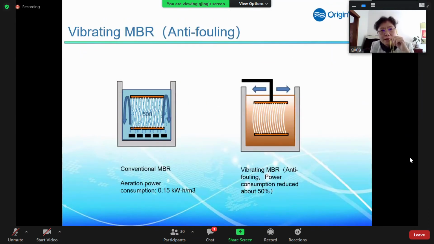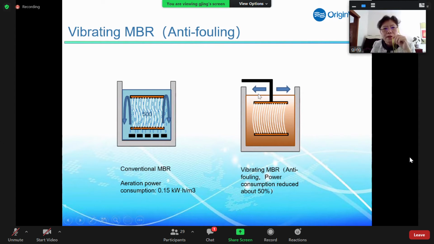The other membrane we have developed modifies the operation process. It's a vibrating membrane. It's not only about the membrane style, but also considers the membrane working situation.